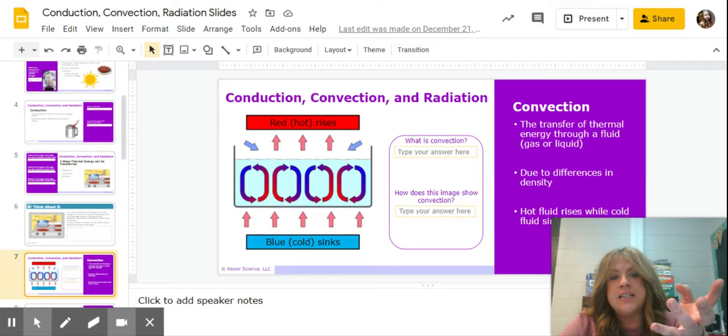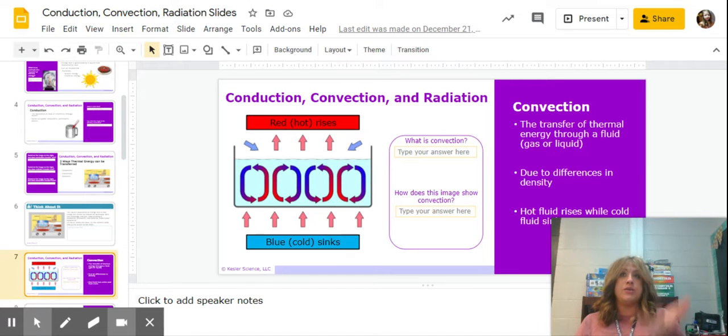So it's not a solid. Gases and liquids have different density, and that's why they're gases or liquids. And then hot fluid rises while cold fluid sinks. So hot fluid goes up and the cold sinks to the bottom. That's why we feel the heat up here.